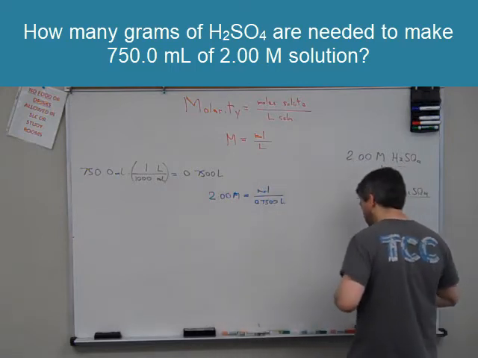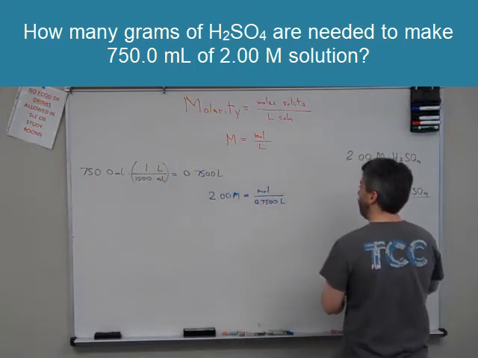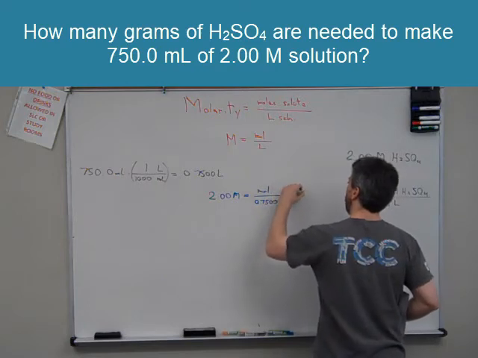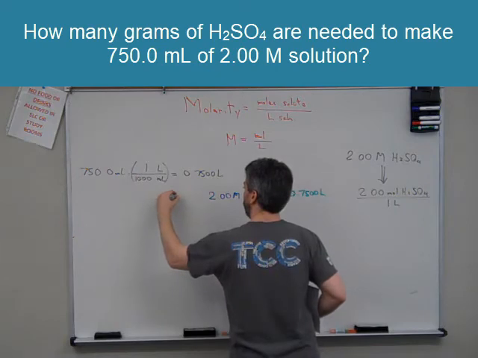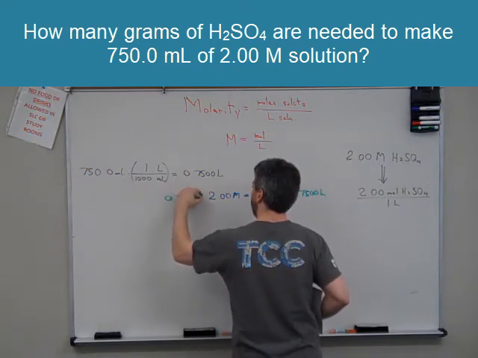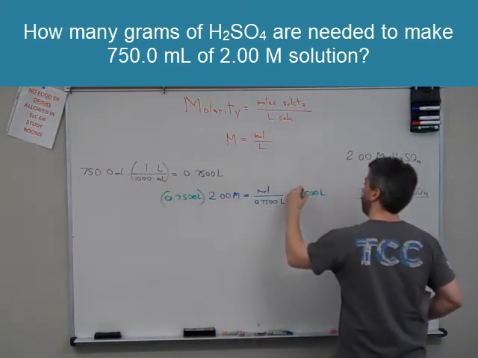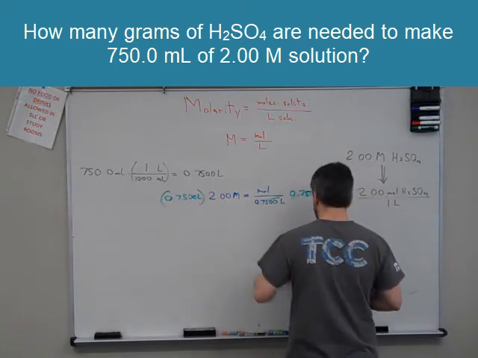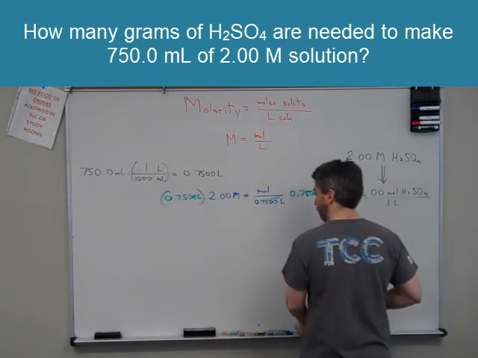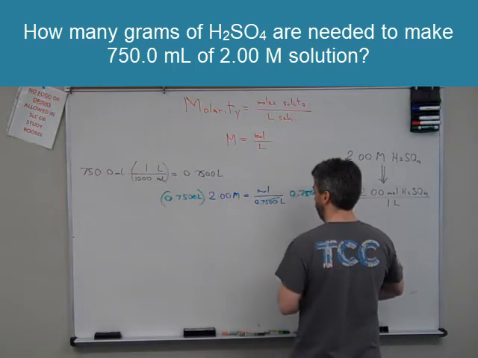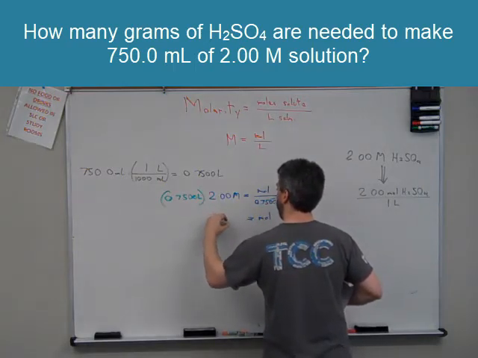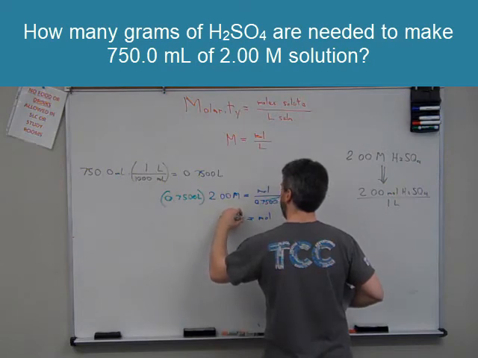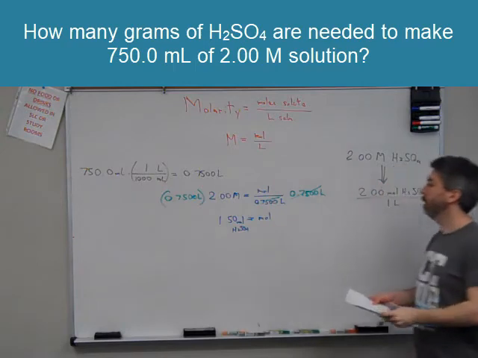I would then multiply both sides by 0.7500 liters. That is 1.5. And then my moles is 1.50 moles of H2SO4. Yes, 3 significant figures.